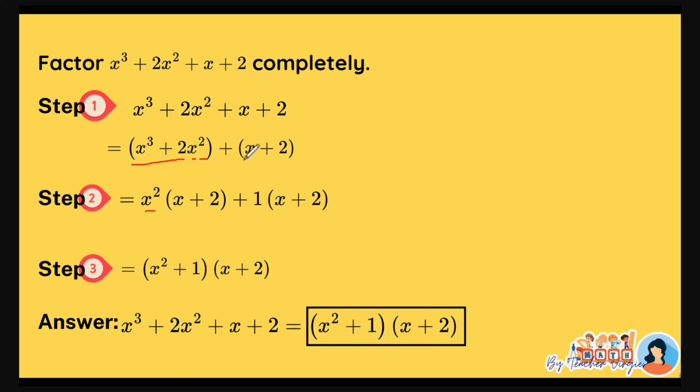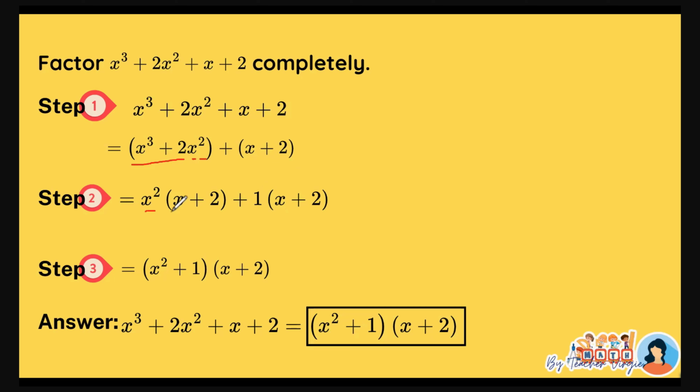The second group is already prime, but if you want to take something out, 1 is your GCF. If the denominator is 1, the answer is itself, so the remaining factor, x plus 2 divided by 1, is x plus 2.